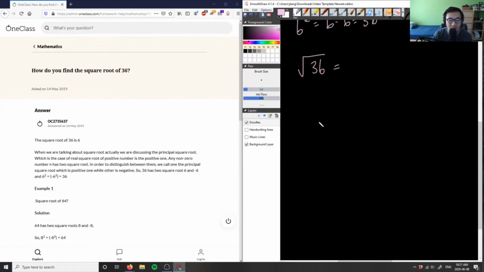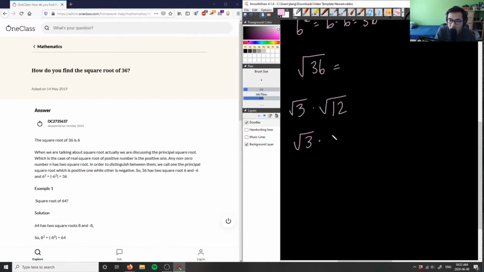We're going to take this number 36 and find the factors of 36. As you can see, this number is divisible by 3, so I can take out a 3 here. So it's going to be root 3 multiplied by root of what? What's 36 divided by 3? Well, 36 divided by 3 equals 12. Then we do the exact same thing with the bigger number. 12 is divisible by 3 or also by 2.